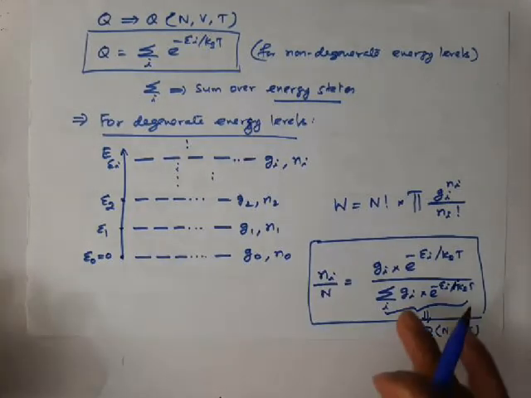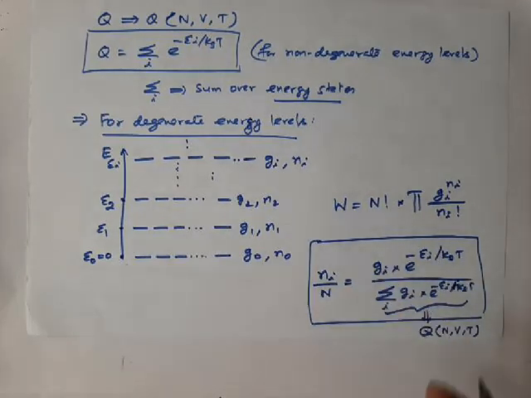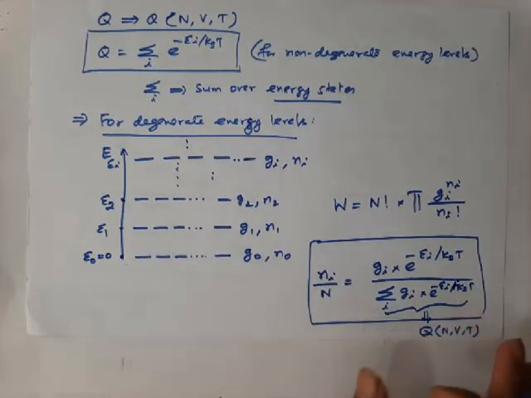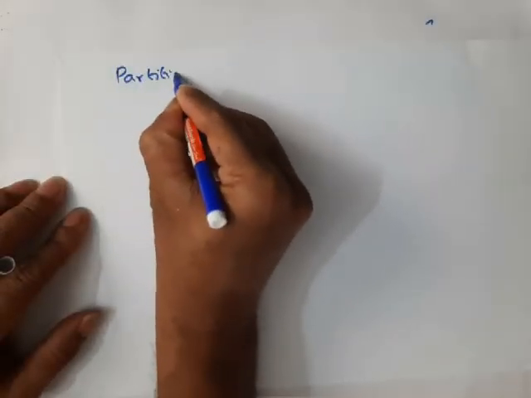Now, before going to discuss some of the features of this Maxwell-Boltzmann distribution, let me talk something about this partition function, then we'll come back to the Maxwell-Boltzmann distribution. So now I am going to discuss the partition function.